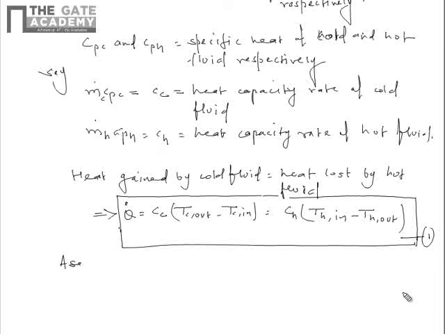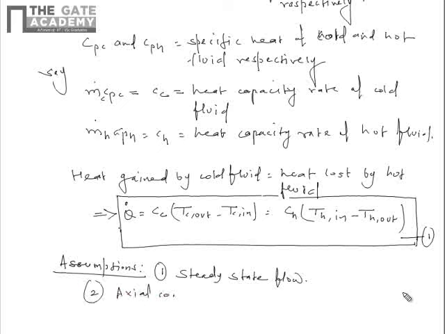Assumptions in this analysis are: first one is the flow is steady, that means we can write it as a steady state flow. The second assumption is axial conduction is negligible.